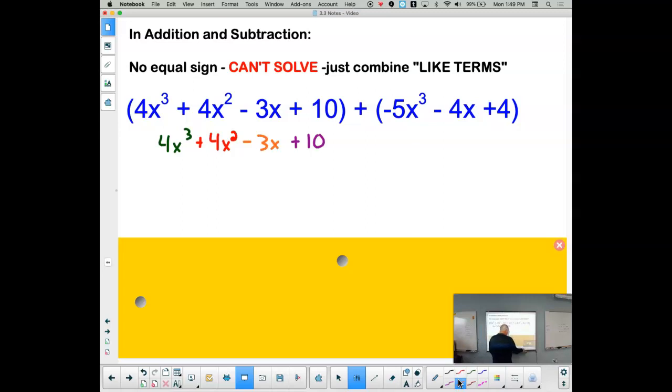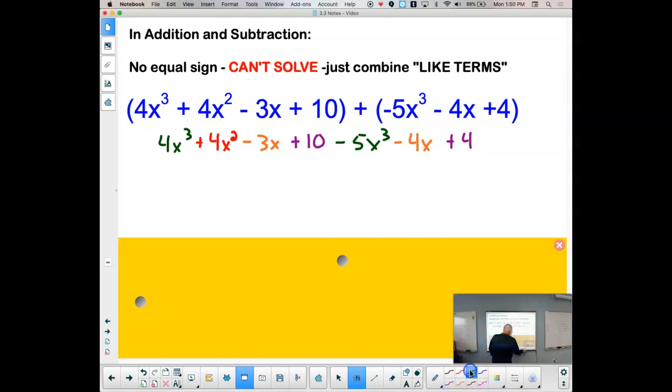Okay. Plus a negative 5x cubed. So that's like minus 5x cubed. Minus 4x plus 4. Now all of my terms that I have to combine are color-coded.